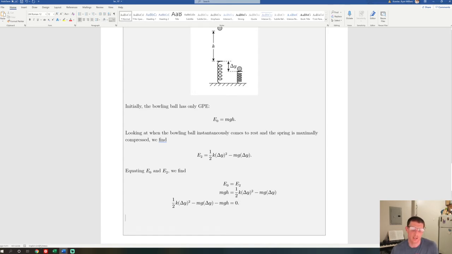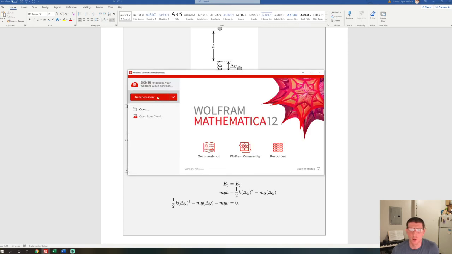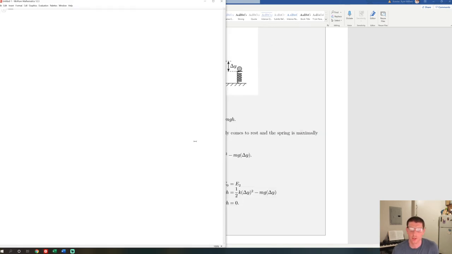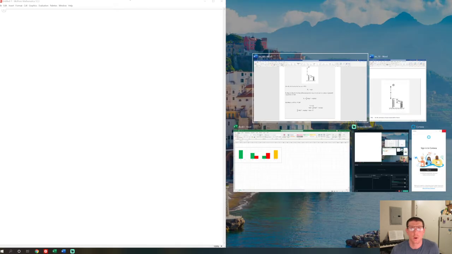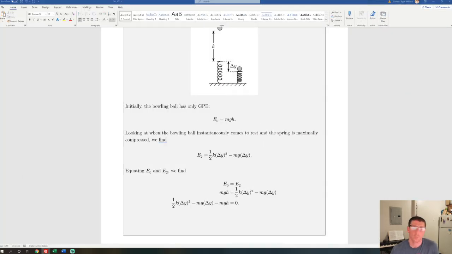Okay, so let me use my fancy calculator here to do this. This is one of the things I actually don't have in my notes. I don't know why, but we can solve it pretty quickly with the power of Mathematica. So I'm going to do this on my other monitor.